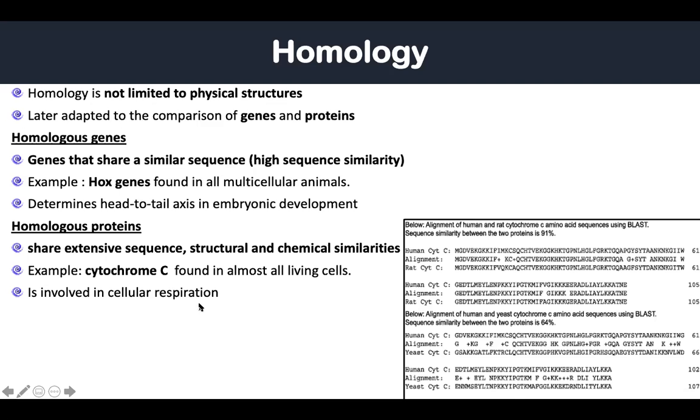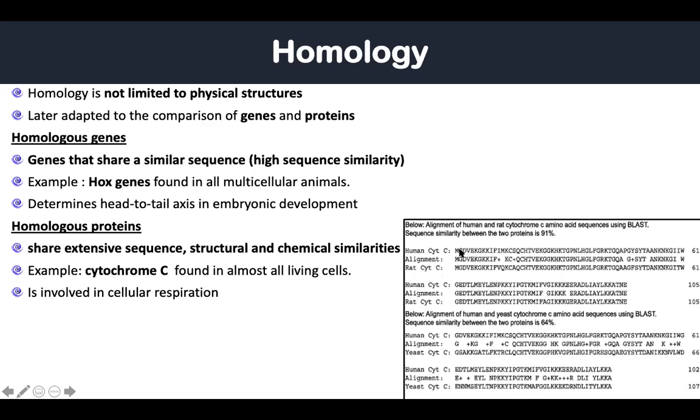So an example here, I have an alignment over here, is cytochrome C. This is found in almost all living cells, and is involved in cellular respiration. And I've shown a sequence alignment of human cytochrome C, which has been aligned with rat cytochrome C.